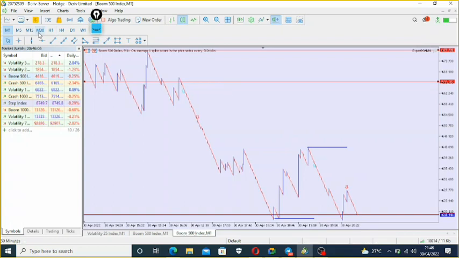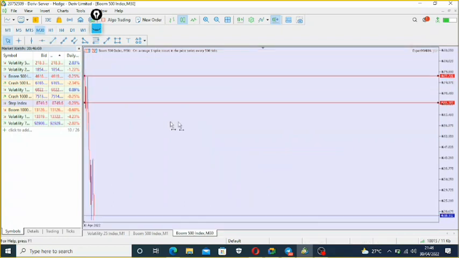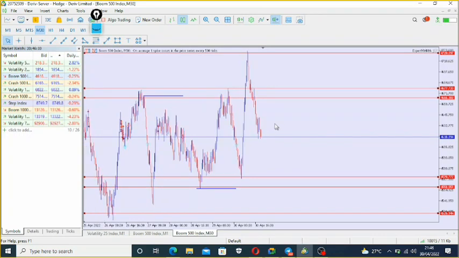Even if you go back to your higher time frame, let's see how it is here. From the higher time frame, we have our levels here. You can see that the price is coming from these higher levels going to the lower levels. It has not come to any of these lower levels. So you should know that this is a downtrend. This is a selling market all the way until it gets to any of these levels before you begin to think of buying.